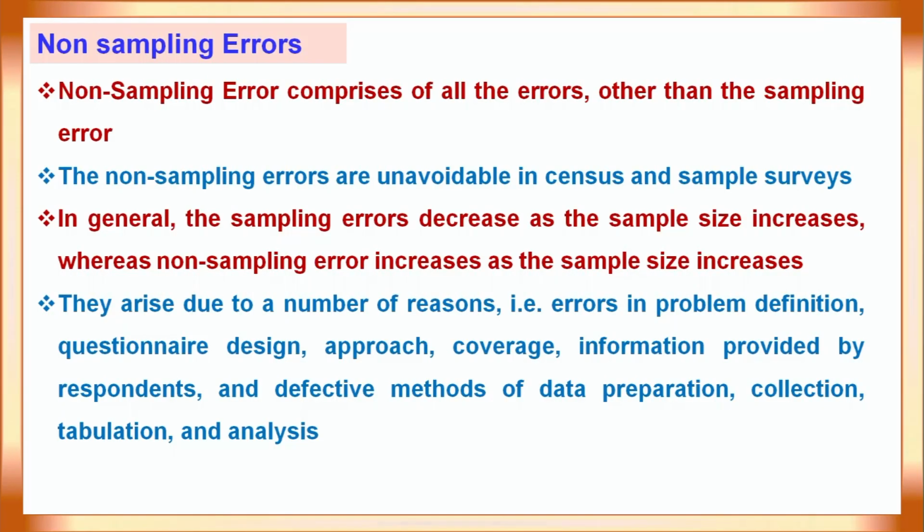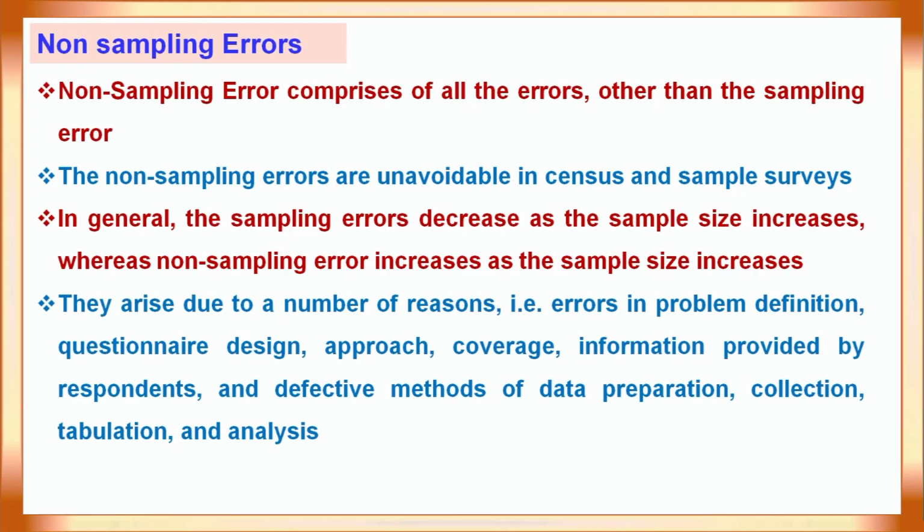Now, coming to the next type of error, that is the non-sampling error. I told you, everything apart from the sampling error, apart from what arises out of the sampling process, Okay. So, that comes under this term non-sampling error. Non-sampling error comprises all the errors other than the sampling error.